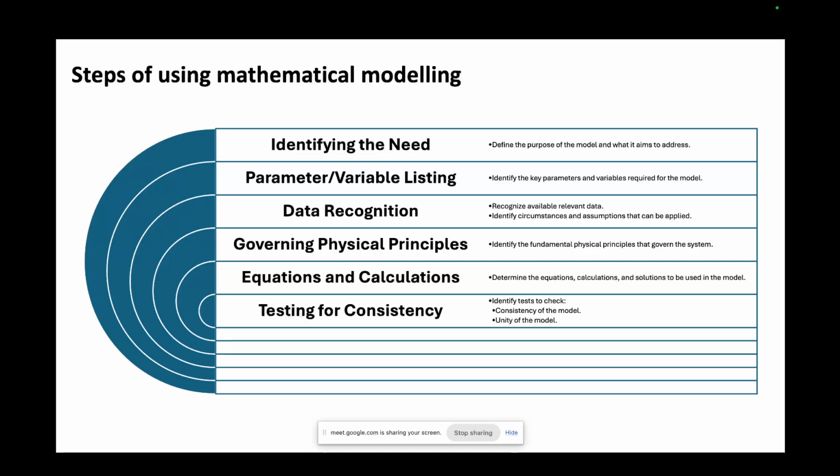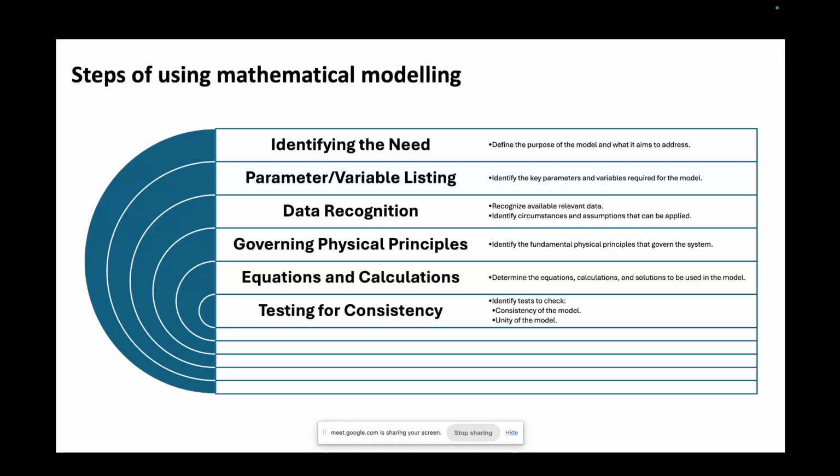Understanding what is actually going on inside the particular system is very important to create your models. So identify physical principles, like chemical kinetics, or a particular type of interaction happening between two molecules, or it may be anything, but we need a clear idea about the governing physical principles inside the system that we are modeling using the mathematical models.